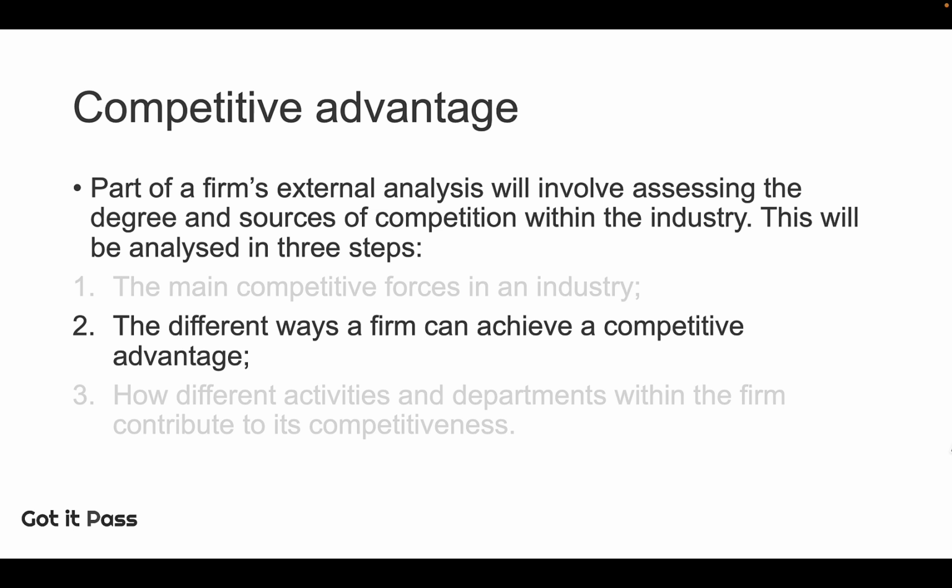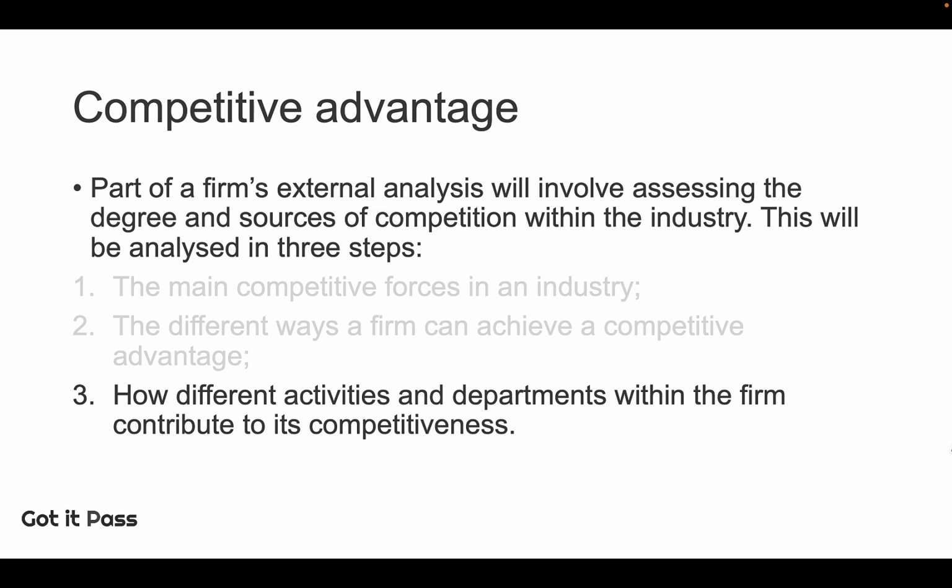Next, we analyze the different ways a firm can achieve a competitive advantage. So it goes to another level: we understand the background, and then we move on to see how a firm can achieve a competitive advantage.